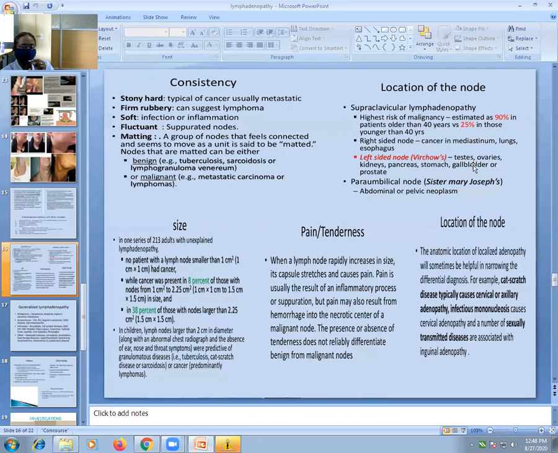If they are left-sided, the malignancy is from remote organs like testes, ovaries, kidney, pancreas, stomach, gallbladder, and prostate. The left supraclavicular group is also called the Virchow group. If para-umbilical, then abdominal and pelvic neoplasm. So location is also important to find out the cause, along with size, tenderness, and approximate measurement in centimeters.